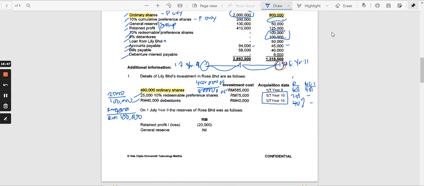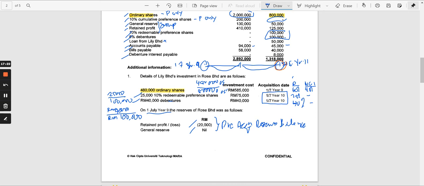Then you have the information at the bottom there regarding the pre-acquisition reserve balance. Both have balances, but here the balance is a negative balance, which means this is a retained loss brought forward. And for the general reserve, there is no balance. So this is the pre-acquisition balance on the date of acquisition.